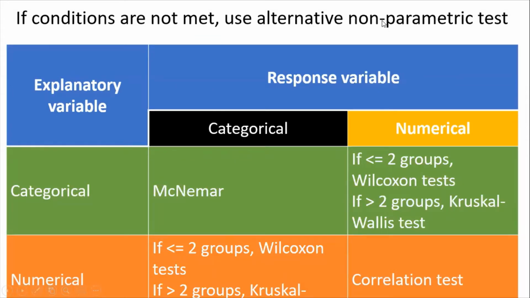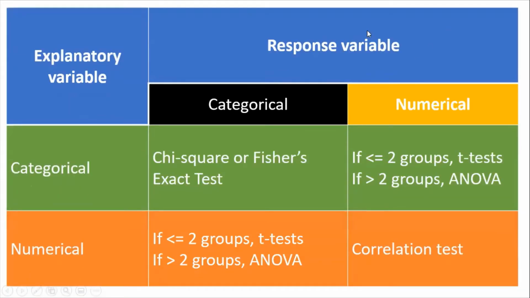Here we use the term non-parametric. Previously, on this slide, these chi-square tests, t-tests, ANOVA, correlation are called parametric tests. Why do we call them parametric tests? Because the t-distribution, F distribution, or chi-square distribution have already known parameters.